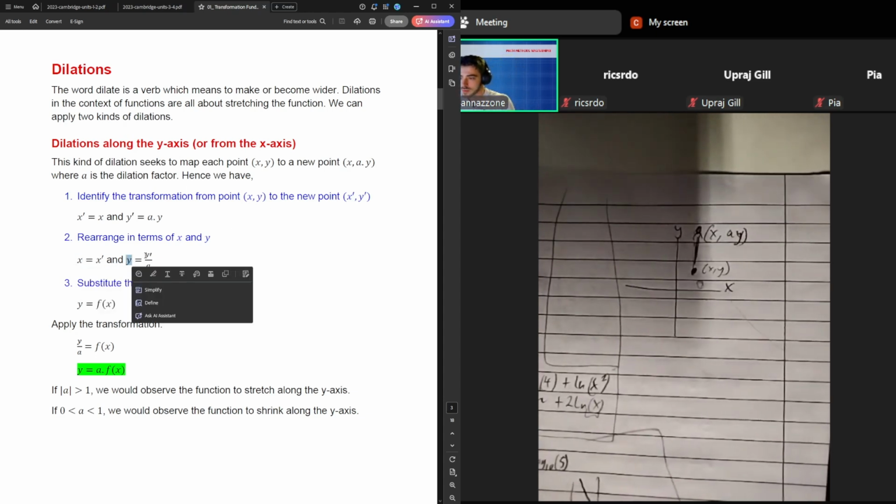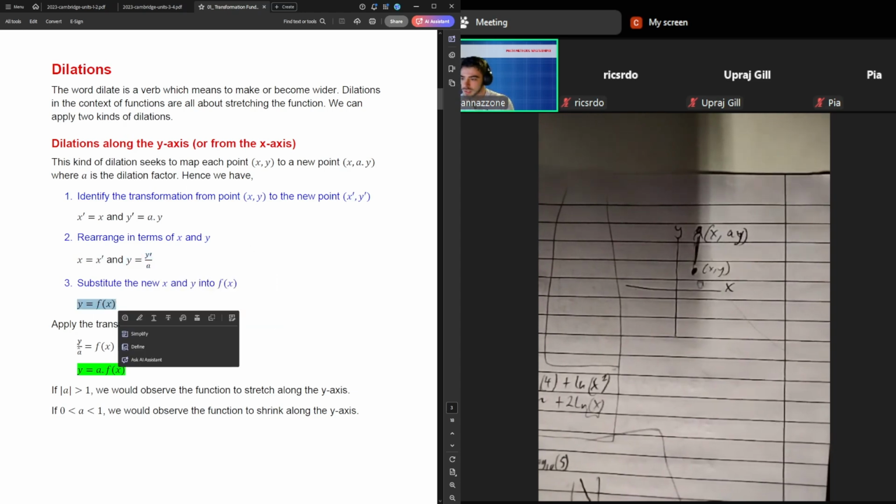When you get x and y on their own, you'll see what you have to replace them with. x is going to remain as x. The new y is going to be y over a. So you have whatever the function is, y over a equals f of x, and then because we're dealing with functions, we get y back on its own, which means multiplying both sides by a.